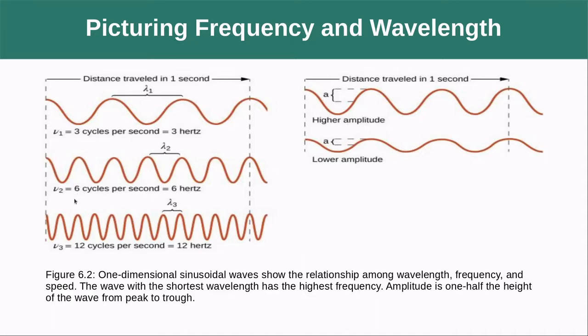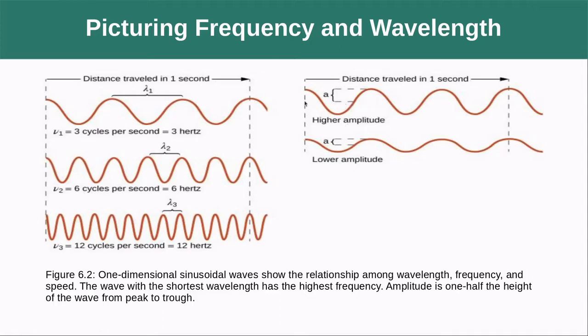And you can see that as the frequency went up from 3 to 6, the wavelength went down. This wavelength would actually be half of what this wavelength, lambda 1, would be. And again, here we can see that after 12 cycles, the wavelength is even smaller, and we're getting through more and more of them in that 1 second time frame.